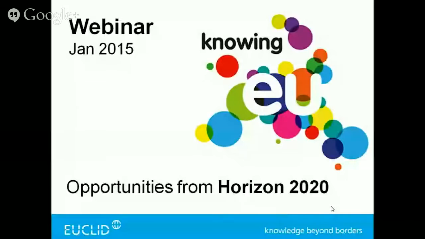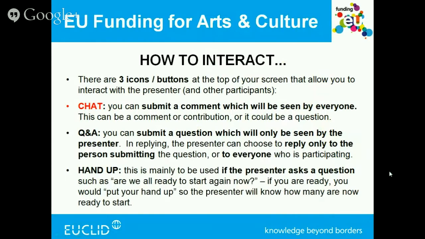Okay, let me bring up the slides. With a bit of luck, you'll now see a slide which says opportunities from Horizon 2020. How to interact, I've just been through all that about the chat messages. Also, do bear in mind that there is a 30-second time delay.